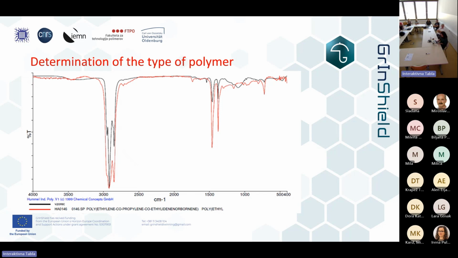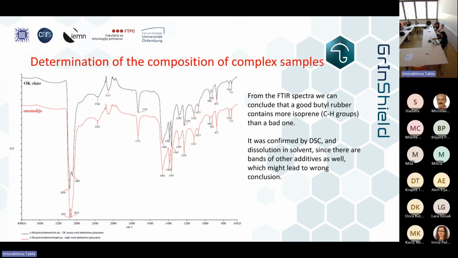The black one is our sample, and the red spectrum is the spectrum from the database. Here we can easily see whether this corresponds or there are some differences, and what the differences could be. So this is a very easy and nice way to find what we have.